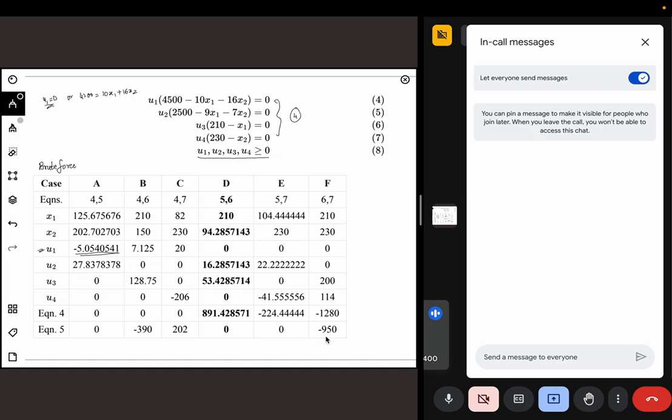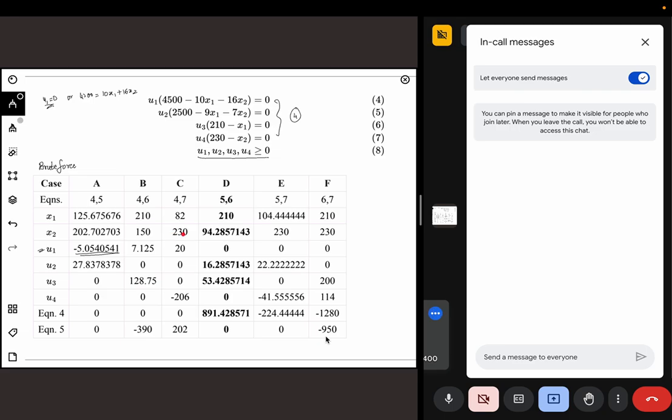Now I took a different combination, 4 and 6. With that, I got all u's to be positive, but then equation 5 turns out to be negative. So that is also not satisfied. Again, I took a different combination, 4 and 7. Here 7 is this equation, so I directly get x2 equal to 230.